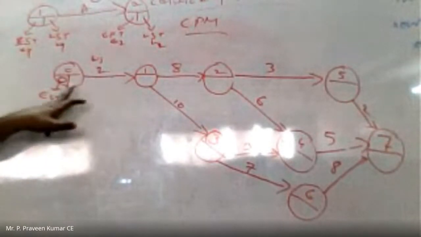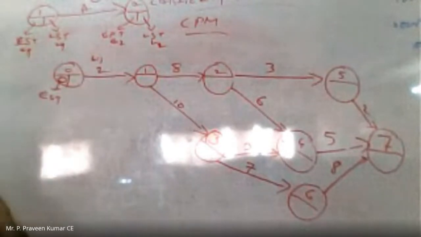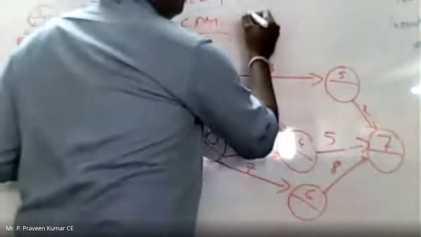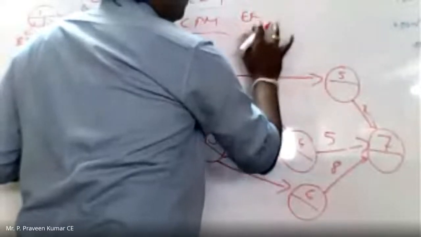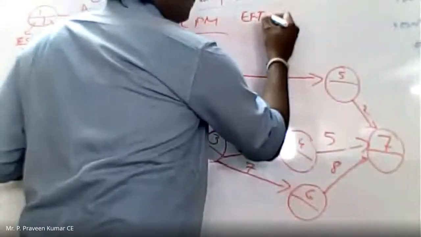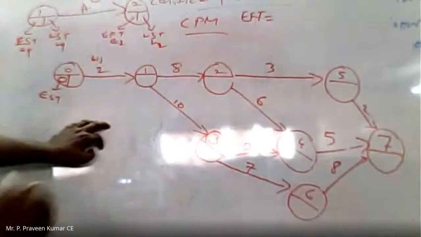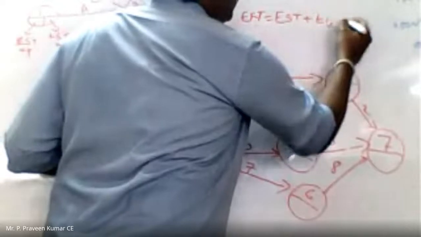Okay. Now see here, there are some formulas to calculate the EFT and LST. EFT is equal to EST plus Tij. EST plus Tij.